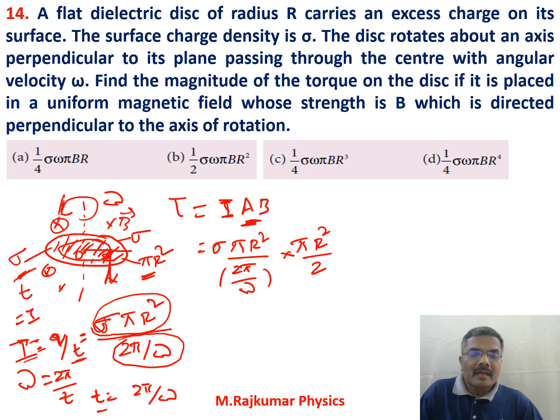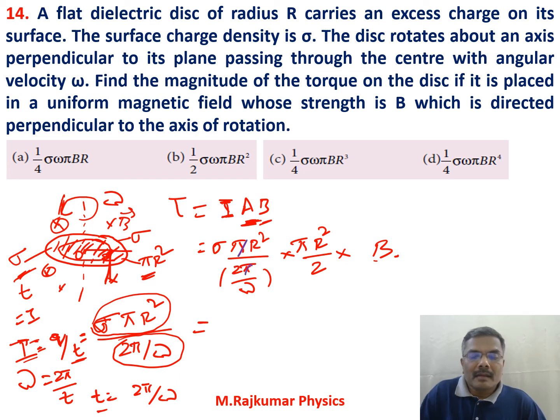So when I simplify this, into the B value as per the formula, this pi and this pi get cancelled out.